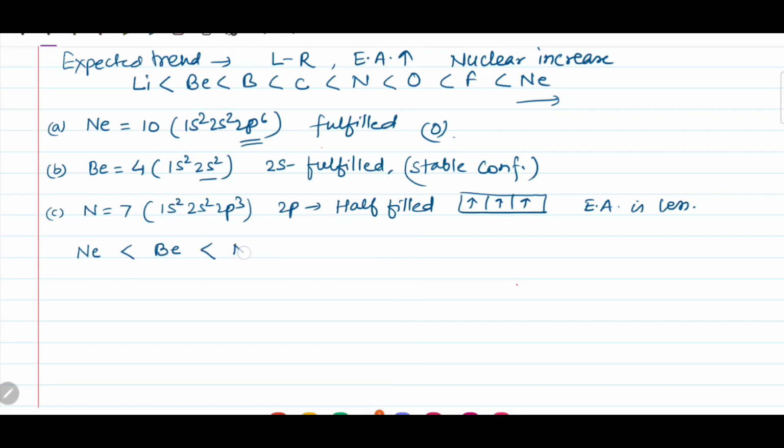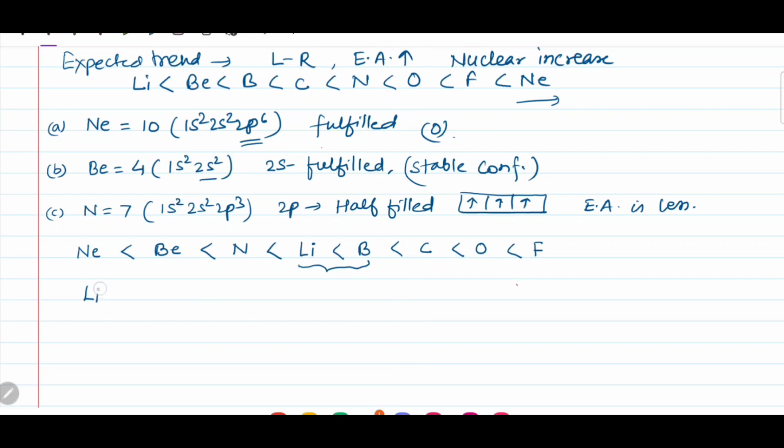Then nitrogen. After nitrogen, the other elements are lithium, then boron, then carbon, then oxygen and fluorine. So our new order should be like this, but still we can see there is an exception.